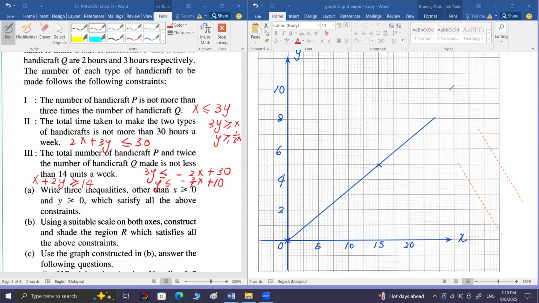So you can write down X equal 3Y or Y equal to 1 over 3X. Next, okay, this one, X0, Y10. Y0, X15. So this line I'm going to draw is 2X plus 3Y is 30.